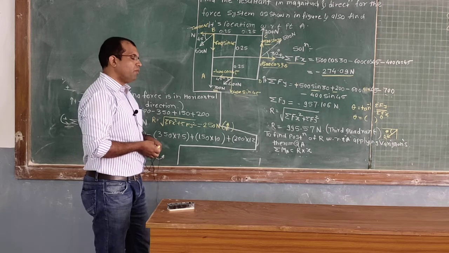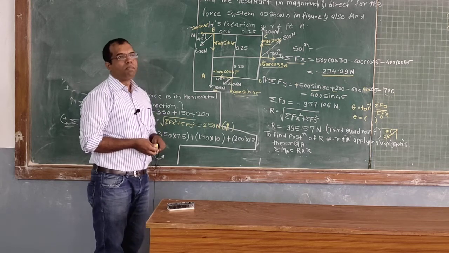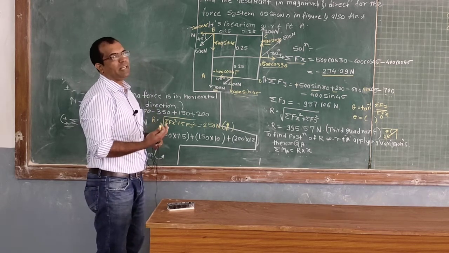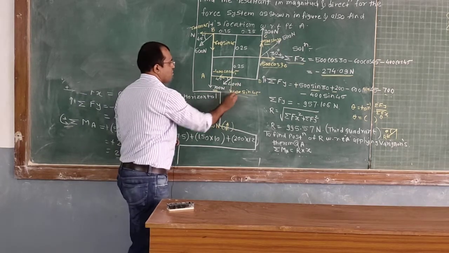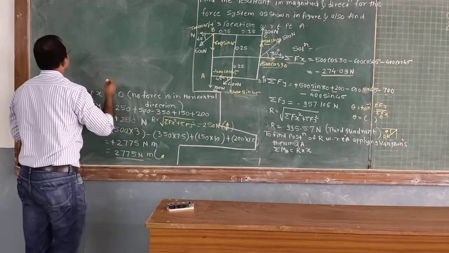In other words, the force itself passes through point A, so it will not create any moment. Now the next force is 400 sine of 45.